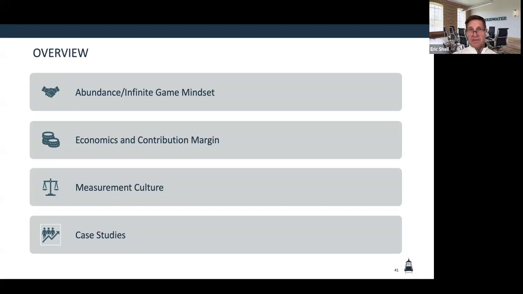And the third is a measurement culture. In absence of measurement, what I've found is politics rule decision making and accountability is not there.